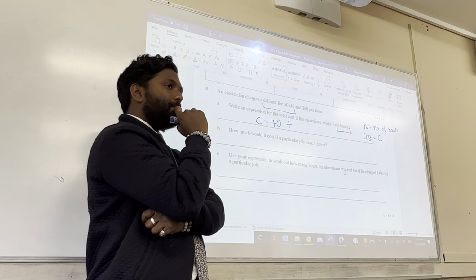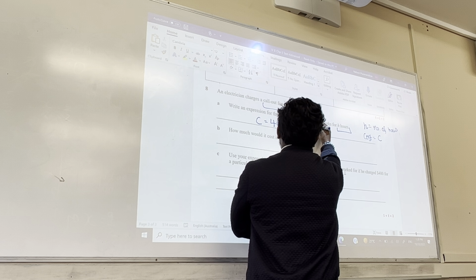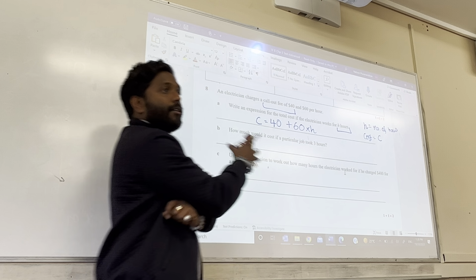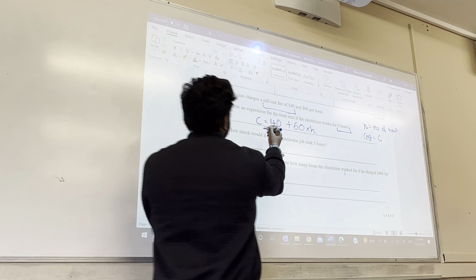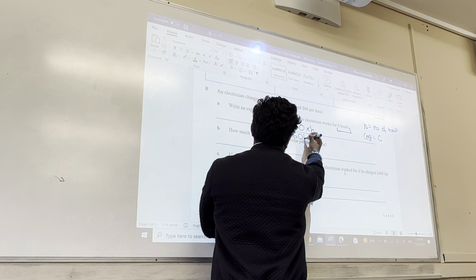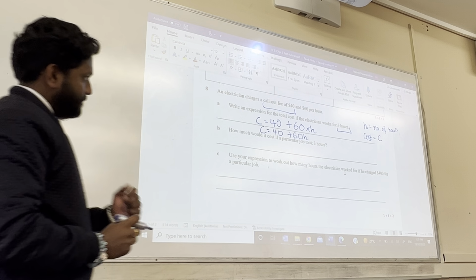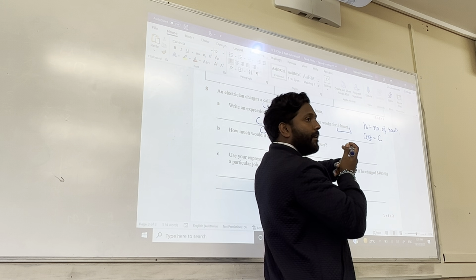So it would be $60 times the amount of hours you work, so it would be 60H. Is that simplified now? No, you have to simplify it. So 40 plus 60H. You have to understand that the 60 and the H is multiplied.